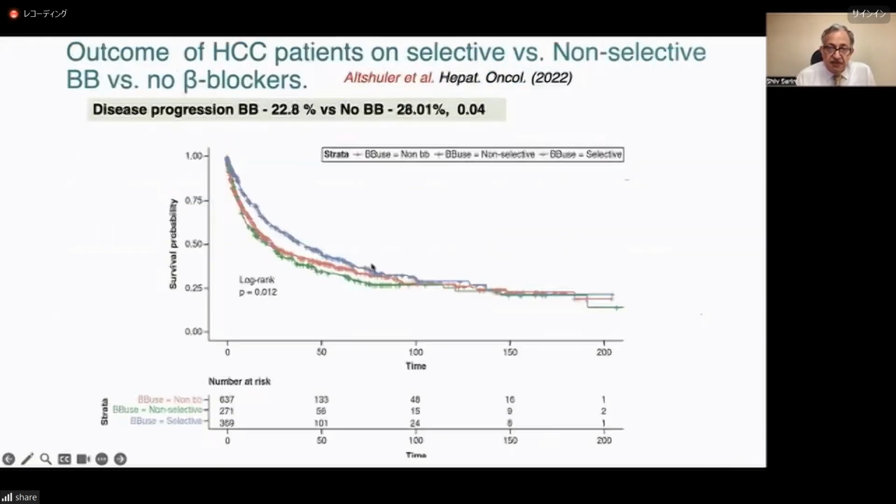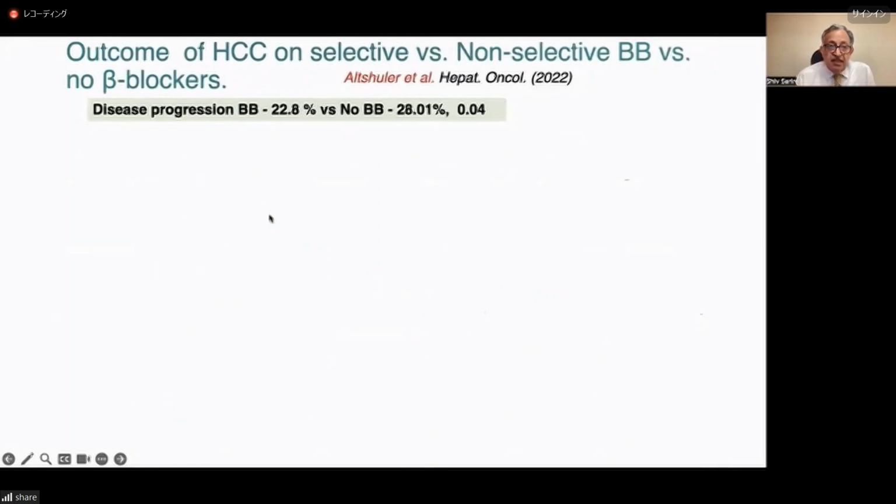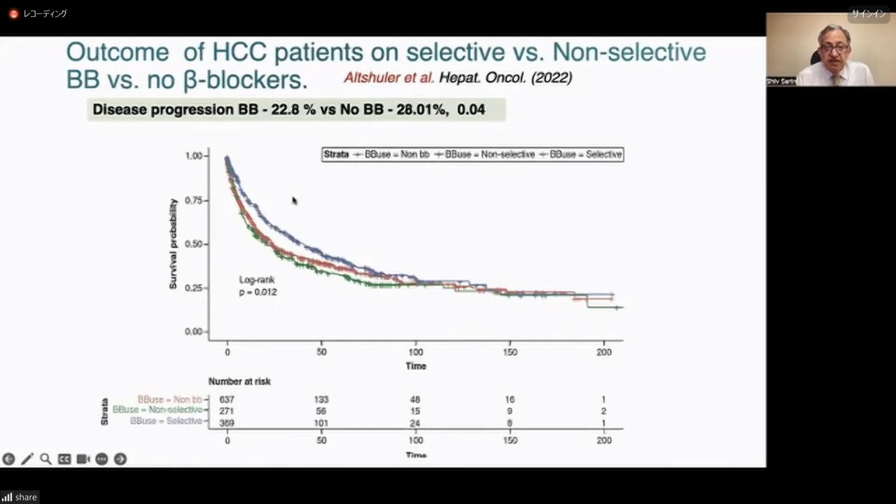Now, regarding disease progression of HCC on beta blockers versus no beta blockers, there is a significant difference in these patients. HCC development is more without beta blockers. Furthermore, when you compare beta blocker usage with non-beta blocker usage, overall survival in a patient with HCC is far better when you give beta blockers.